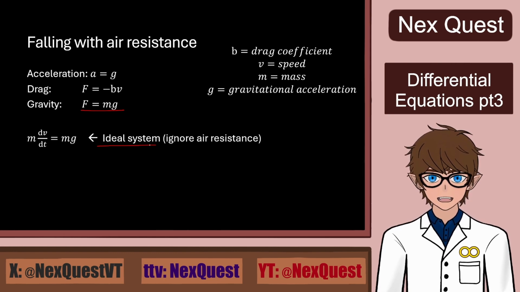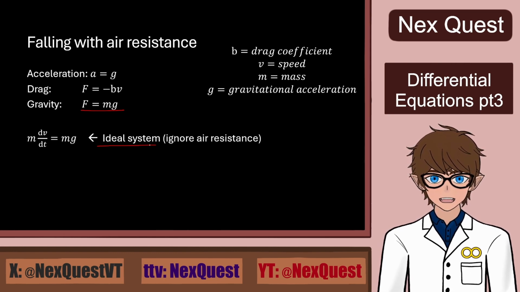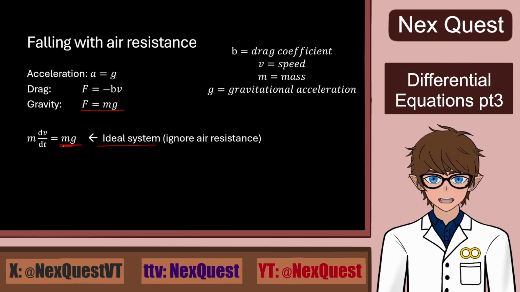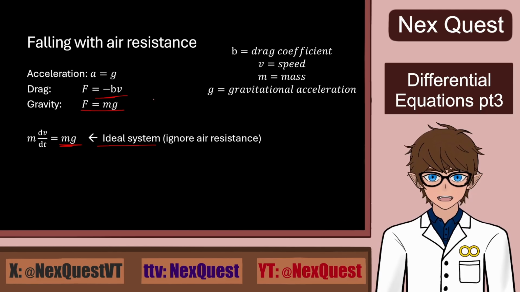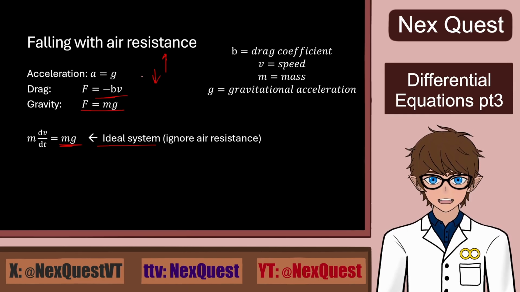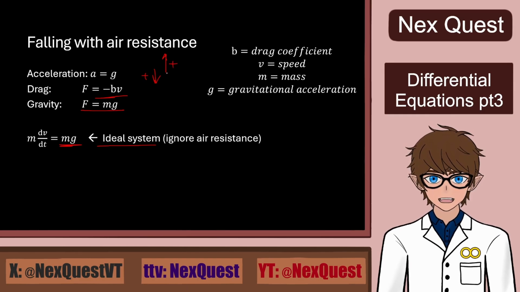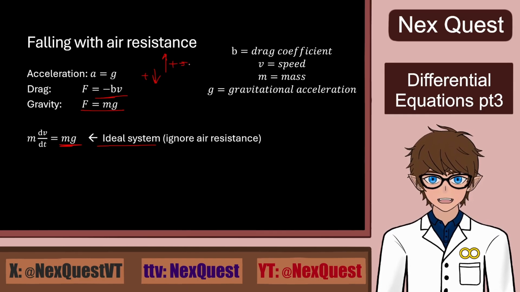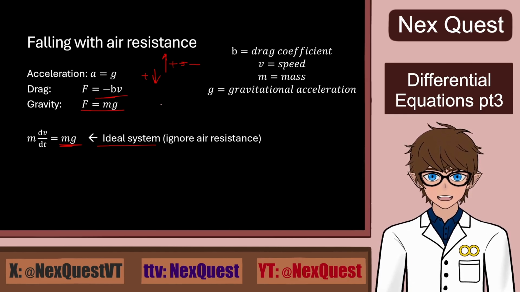But what if we don't? Well, we already have the gravitational effect on the right here. We could subtract the drag or add the negative drag, whichever you want to understand it as: either you have a force from which you subtract the effect of the other force, where both of these should be positive, or you're adding the forces together like we will learn in vectors, which is slightly easier to understand.